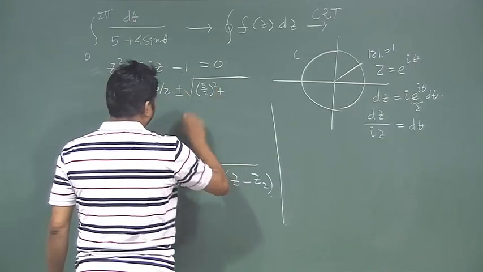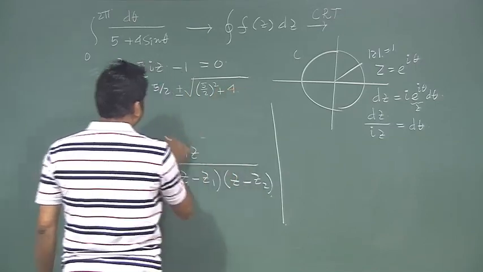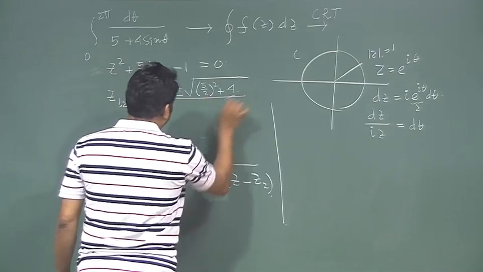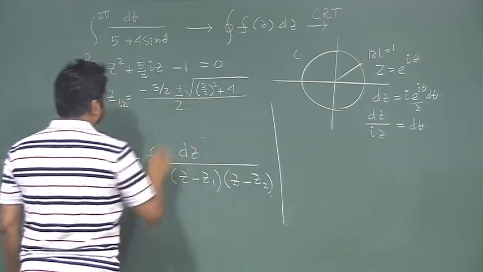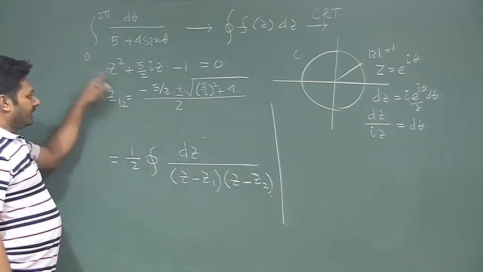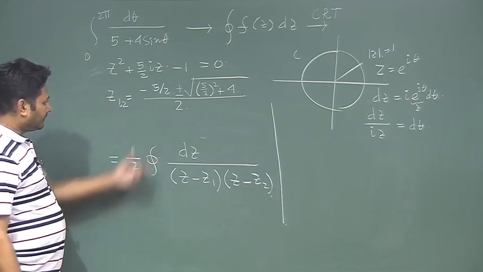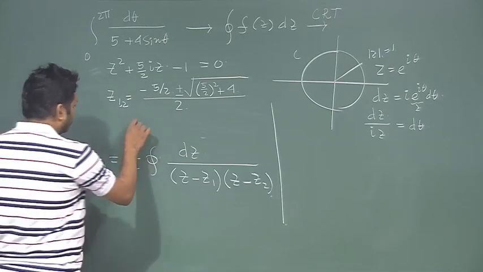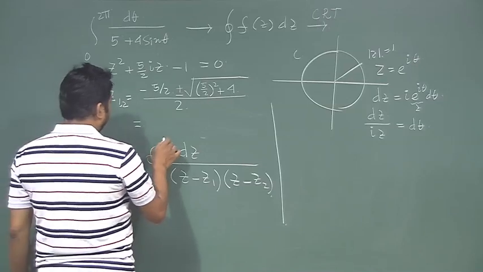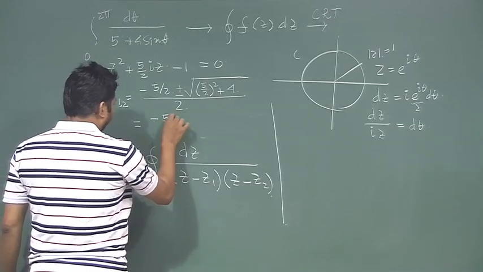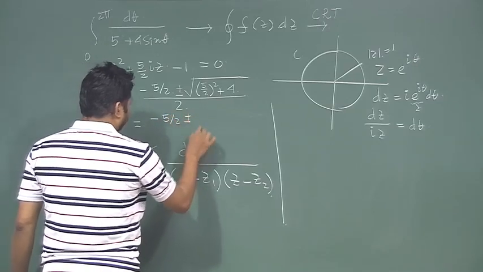So, minus 4 ac means plus 4, divided by 2, 2 a is 1 here. So, divided by 2.